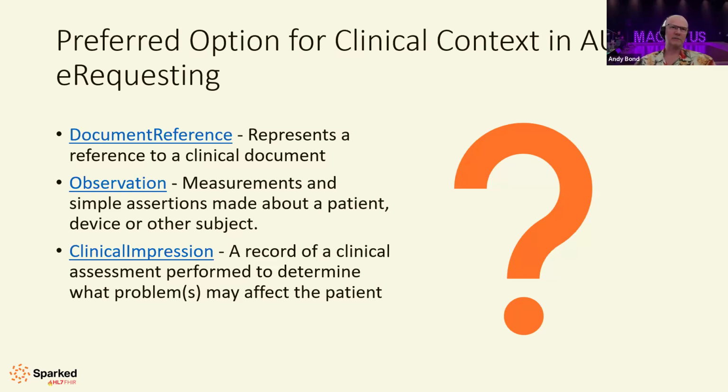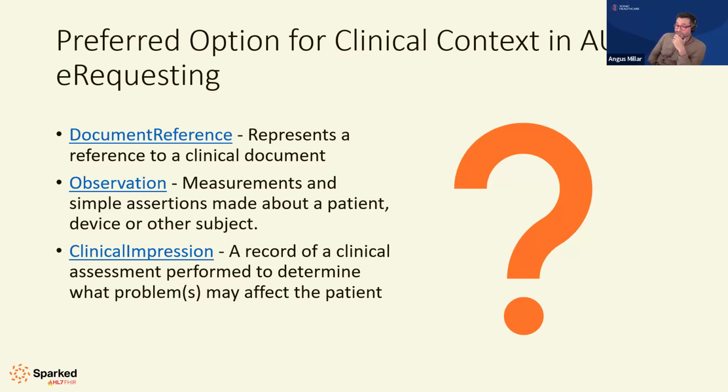An observation can be that the patient's a non-smoker. You could have a textual description: patient has told me they've got a family history of hypertension. Any of those could be an observation. It could be the macroscopic description of a histology specimen.